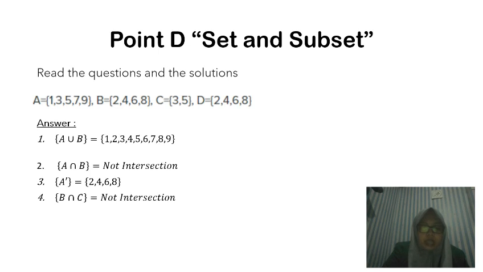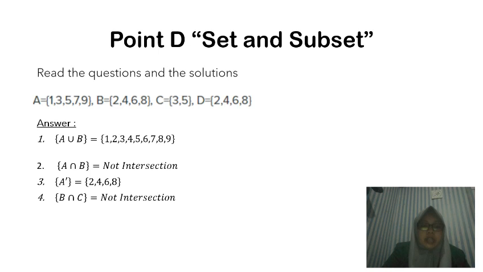Find A union B, A intersection B, A complement, and B intersection C. The answer is A union B equals 1, 2, 3, 4, 5, 6, 7, 8, and 9 in the brackets, and A intersection B equals not intersection, but there are no numbers.